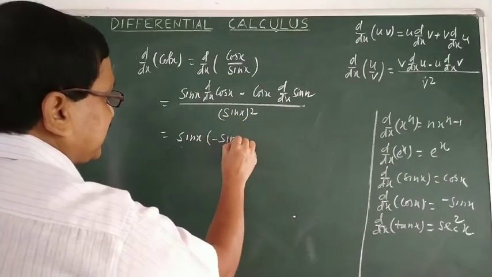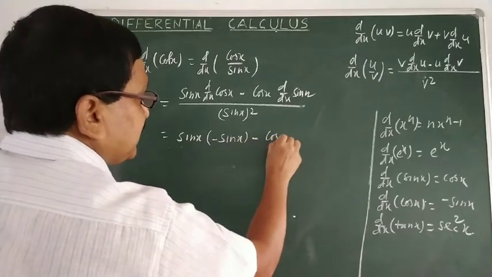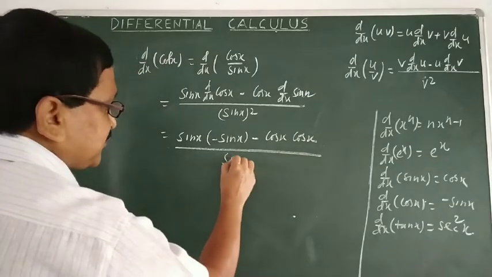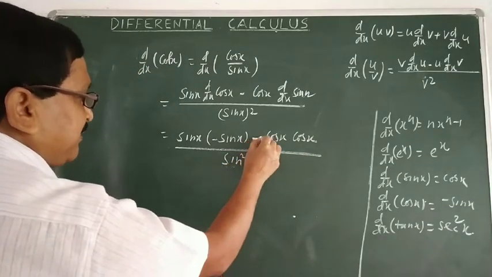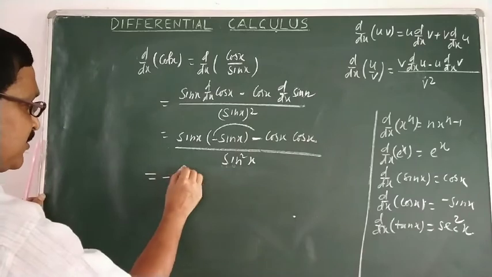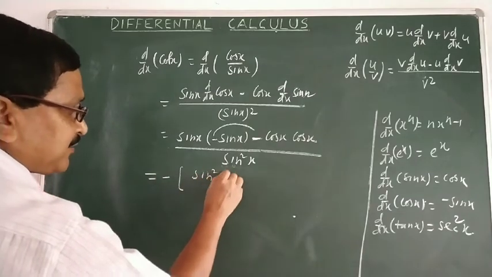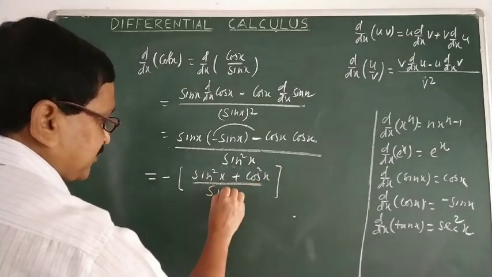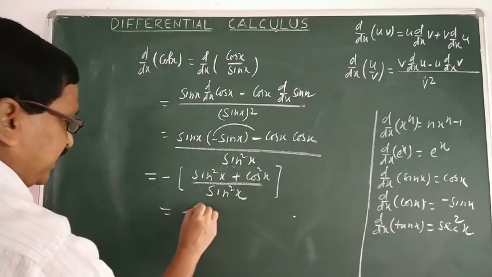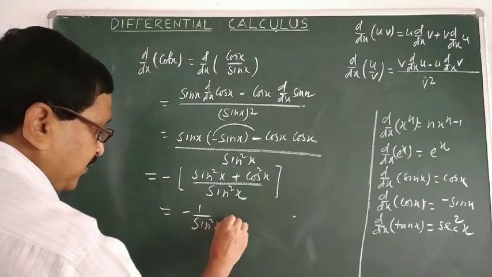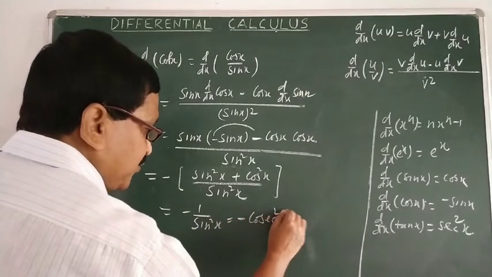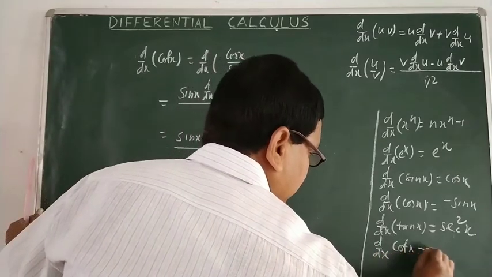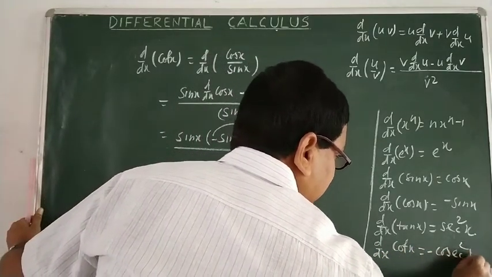So this is minus sin x minus cos x, and d by dx of sin x is cos x, by sin square x. Now take negative common from both. So negative is common. We are left with sin square x plus cos square x by sin square x. So this is minus 1 by sin square x. So this is minus cosec square x. So d by dx of cot x is minus cosec square x.